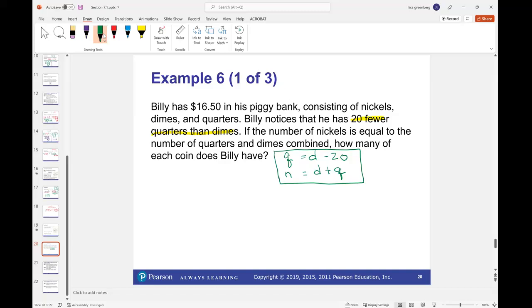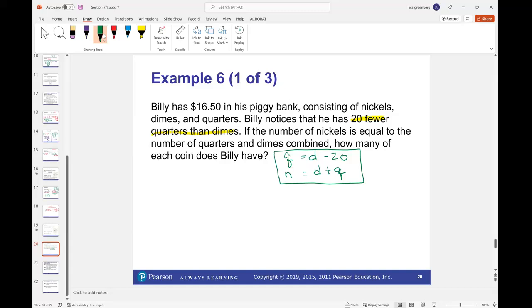If you have a nickel and 2 dimes, you have 5 cents plus 2 times 10 cents, right? Or 25 cents. So when I want to know how much money I have, I multiply the number of that item, like nickels, times 5 cents, right?